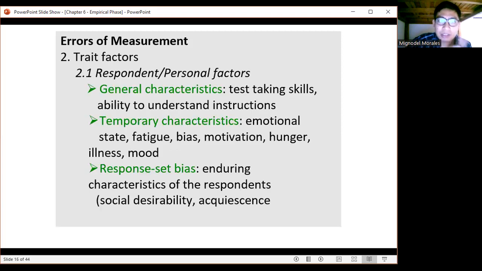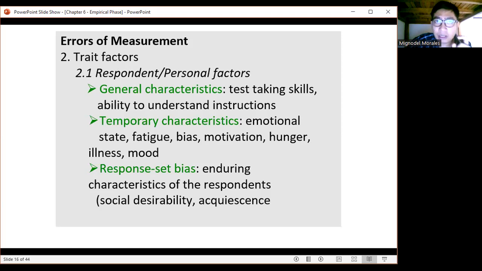Trait factors, response personal factors. So general characteristics, test taking skills, ability to understand instructions. So you must be sensitive enough to your respondents. Okay. So some of you will have an interview or a survey with our brothers and sisters in the Bajau community.